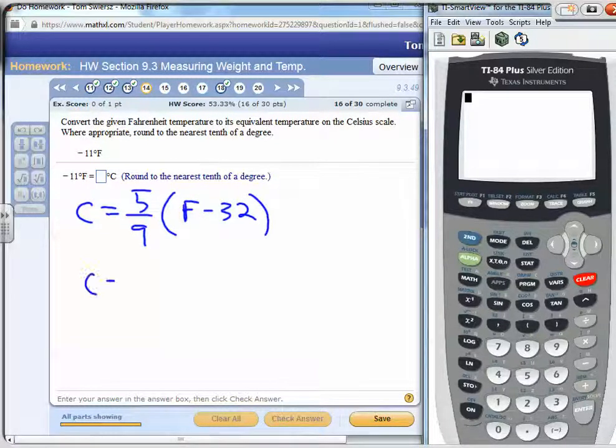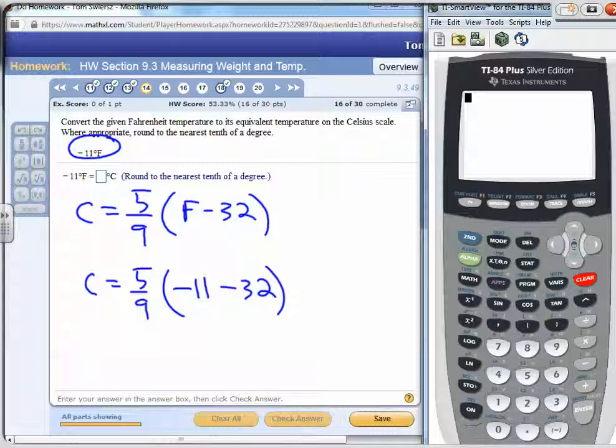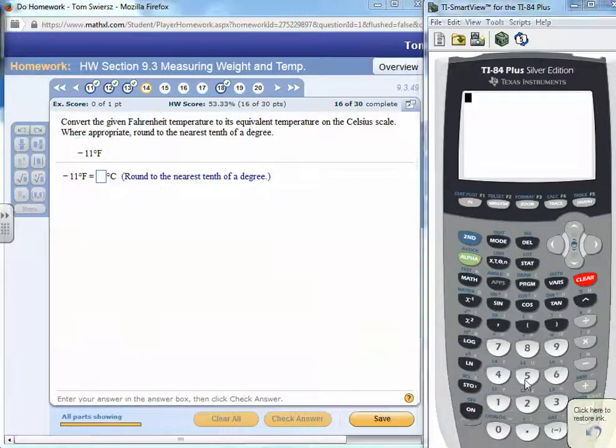The Fahrenheit is negative 11, so you can do that in one step on your calculator. 5/9 you can put in as division, so 5 divided by 9, then left parenthesis, negative 11.